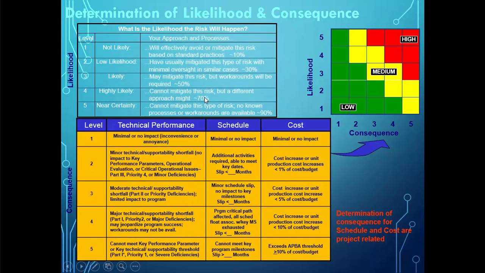Then we will look at the likelihood table, and based on the likelihood to happen, we can also identify the y-axis or the vertical axis number and identify the exact point that will intersect the consequence with the likelihood, and based on that we will know in which area or which zone the risk is located.